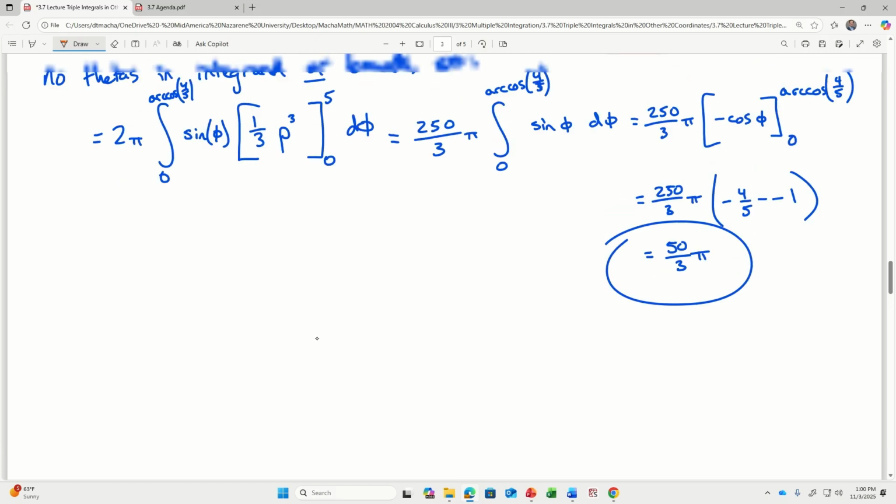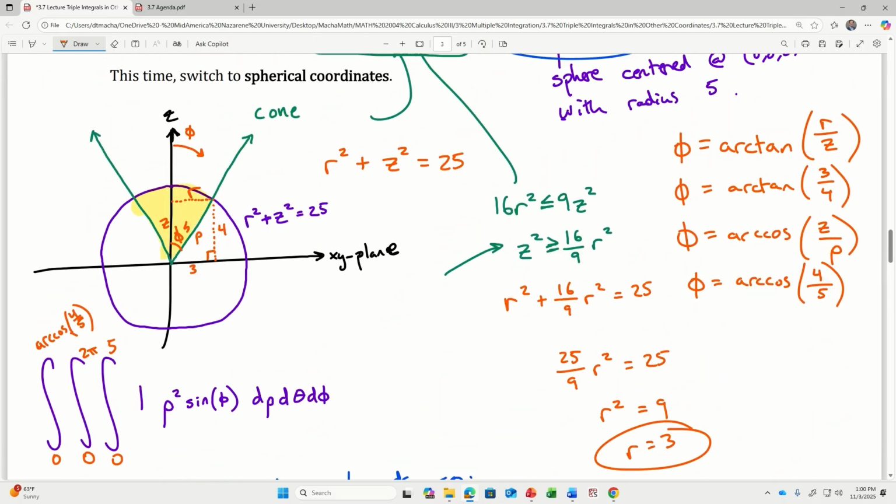So for my z variable, for this yellow shaded region, in the yellow region, the lower bound on the z variable is this green cone.